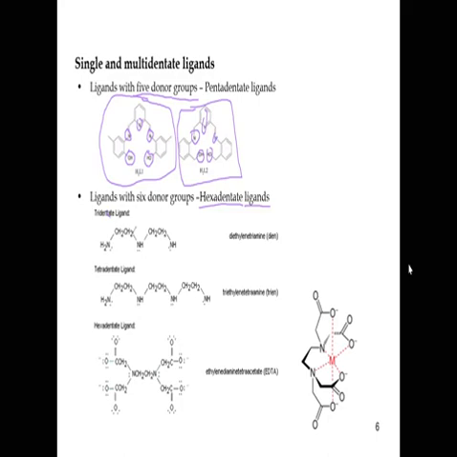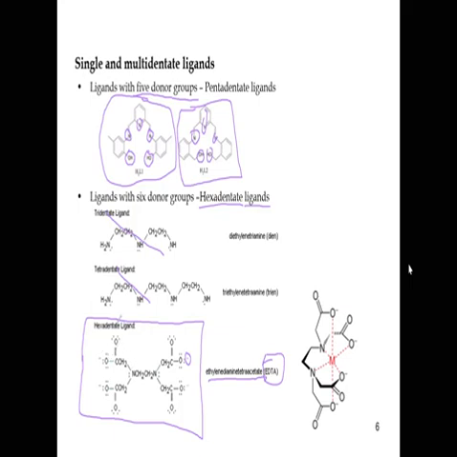Sorry, just forget about that. Those are the examples for the previous one, and this is the one for hexadentate. This is an example of a hexadentate ligand, right? This particular one is ethylenediaminetetraacetate. Here the OH is deprotonated. The abbreviation is EDTA. It is a very long molecule, right?